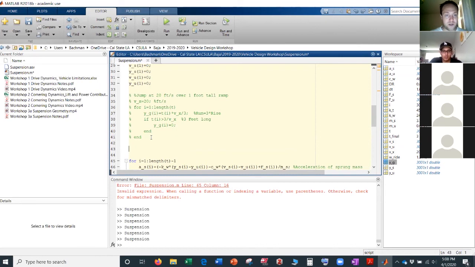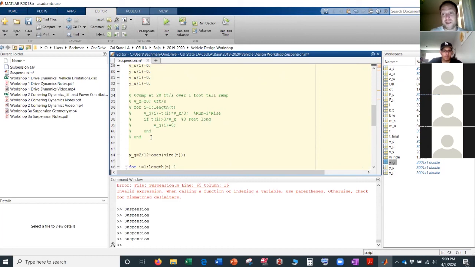And then what was our other one? Before we just said y of g equals ones. This was maybe hitting a 2-inch bump: 2 divided by 12 times ones of t.